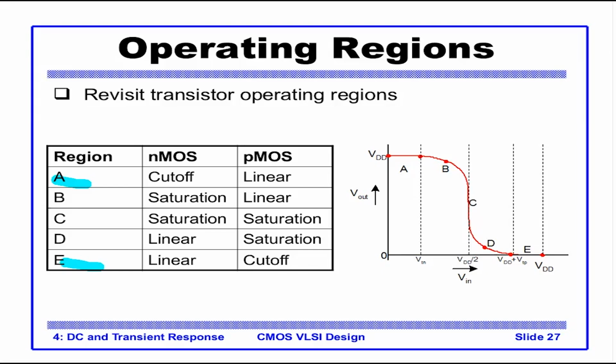The thing to remember here is that at the logic levels of 0 and 1, either the PMOS or NMOS, one of them is in linear, the other one is in cutoff. Okay.